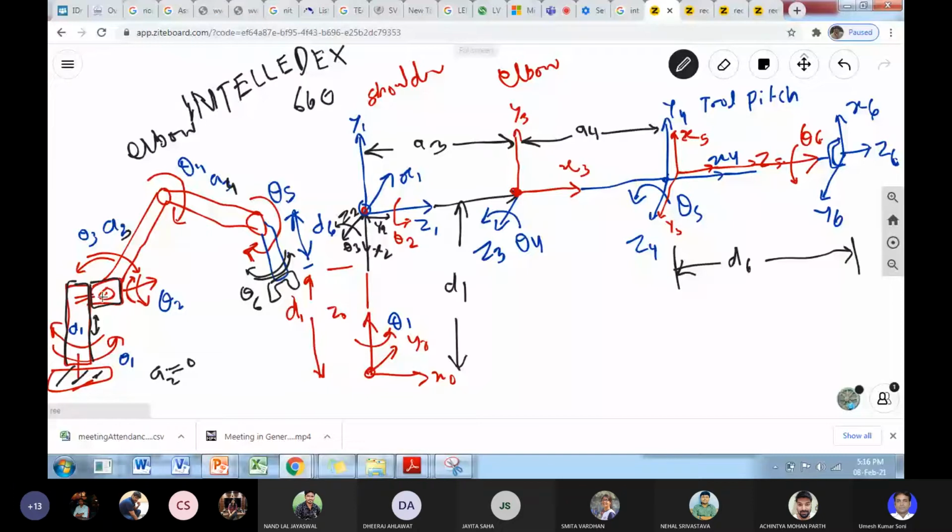Both these axes are perpendicular. The length between these two axes is assumed 0, so a2 equals 0. Now the fixed length of the link is a3, and this link has a fixed length of a4. This link can change its angle theta 3, and this link can change its angle theta 4.